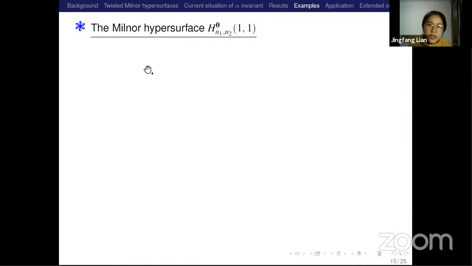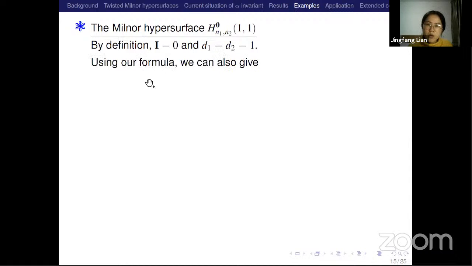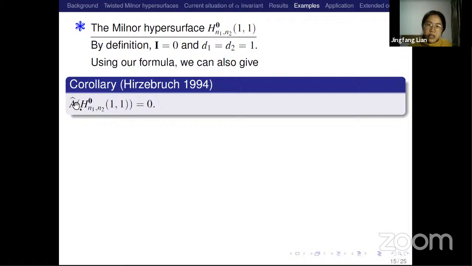And as for examples for the muon half surface, we can easily get that the sequence of integers are all 0, and D1 and D2 are all 1. Then using our formula, we get that the A genus always vanishes, which matches the result of his proof in 1994. And if we assume it's spin, we can also discuss its alpha invariant.